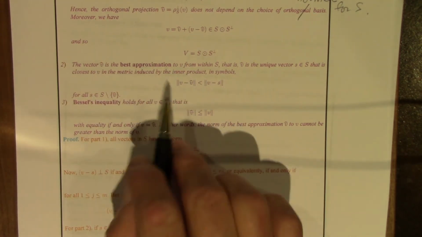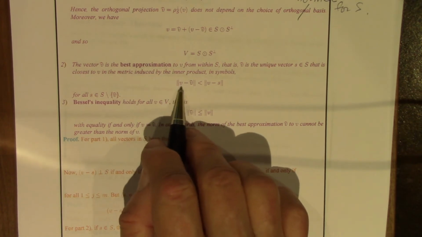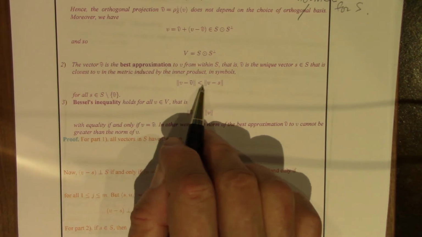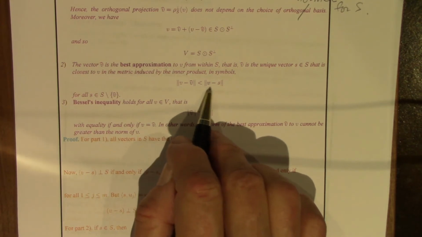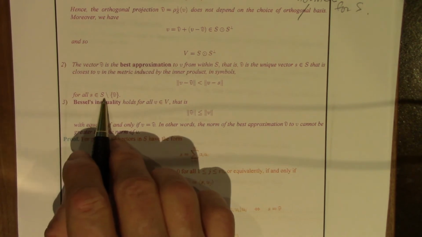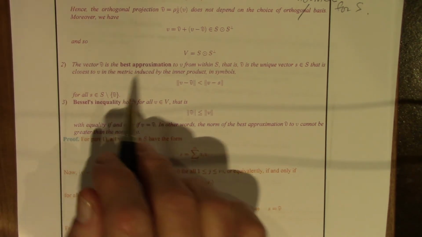And that looks like this. This is the distance from V to V hat that is less than the distance from V to s for all other vectors, little s in capital S.